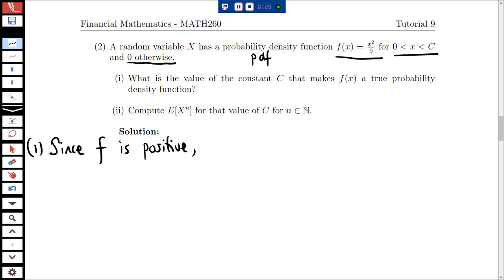The second condition that we need is that the total area under the graph should be 1.